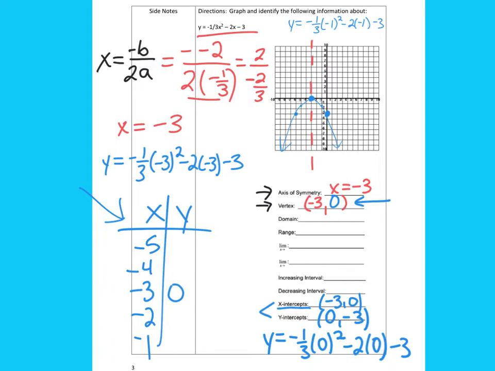Domain is always going to be what? -infinity to +infinity. The range on this one, so bottom to top, good, -infinity to 0.